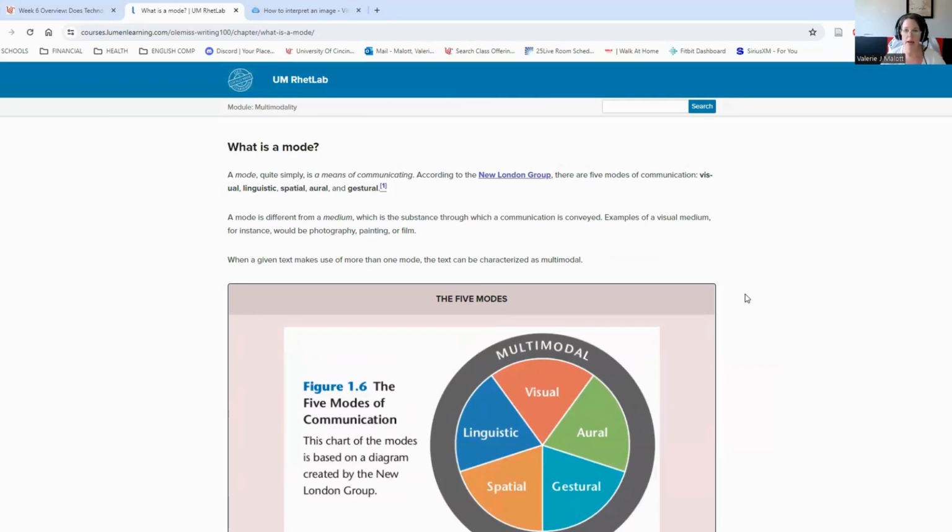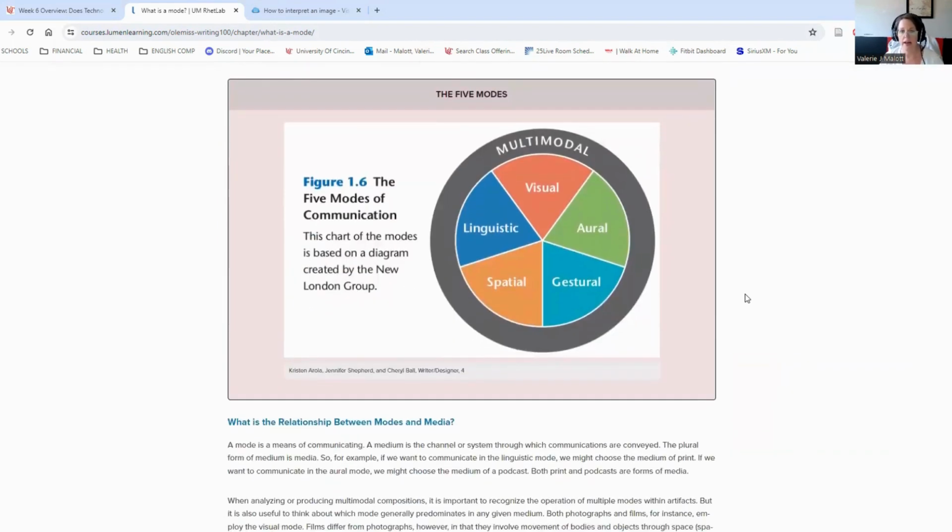It's different than medium, right? It's different than print or video or sound, music, and so forth, but they are related. So we have multimedia and we have multimodal. Think of the modes as these various ways that we can communicate with one another. We have visual, oral, gestural, spatial, and linguistic.